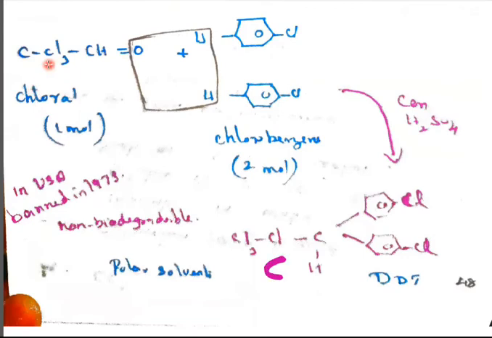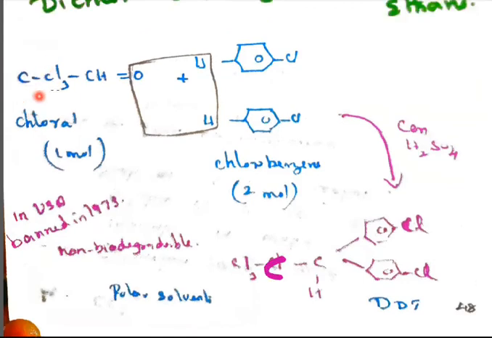So as it is, you write the compound CCl3, and CH, and each bond is linked to a chlorobenzene.